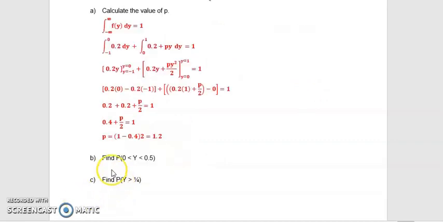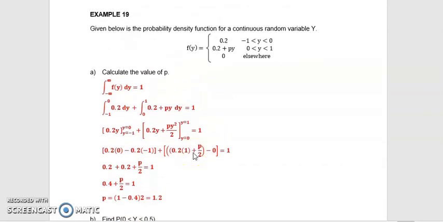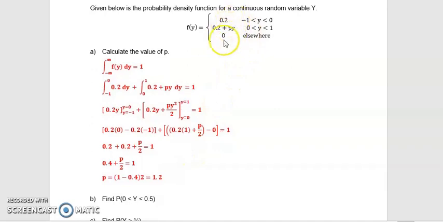Now question B. Find the probability of y more than 0 but less than 0.5. Now look here. We have two functions, but we want to find the probability for values more than 0 but less than 0.5, so the value of y is within this interval. We just integrate this function based on these two limits.